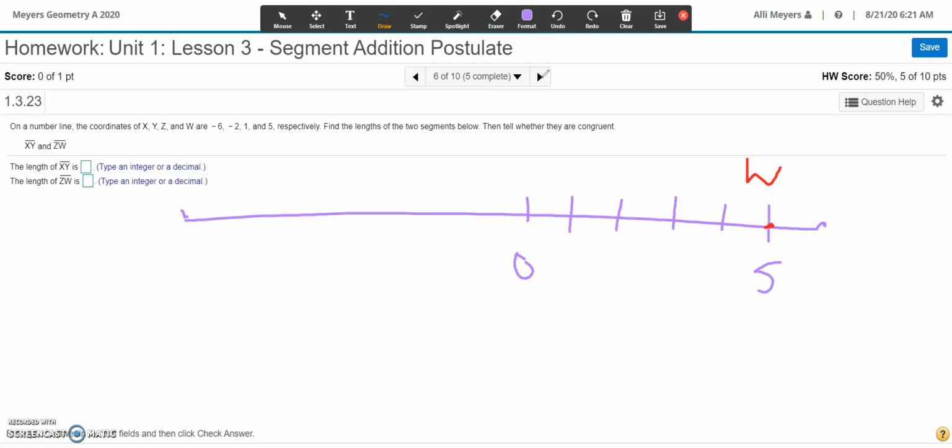What else do I know? I know that Z is at 1. And then X and Y are at -6 and -2. So let me get those out there. -1, -2, -3, -4, -5, -6.